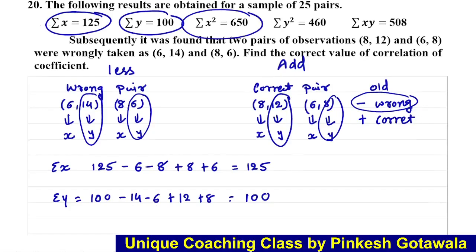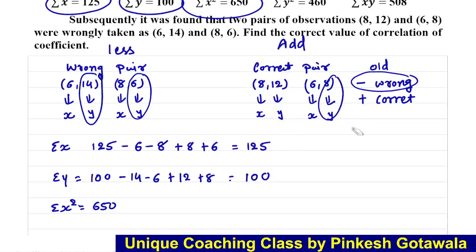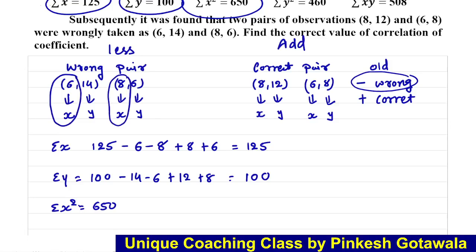Next sigma x square 650. So same rules, the wrong pair of x, 6 and 8, we have to subtract, but here x is given in square form. Okay, x square is given, so here we have to square this 6 and 8 also.